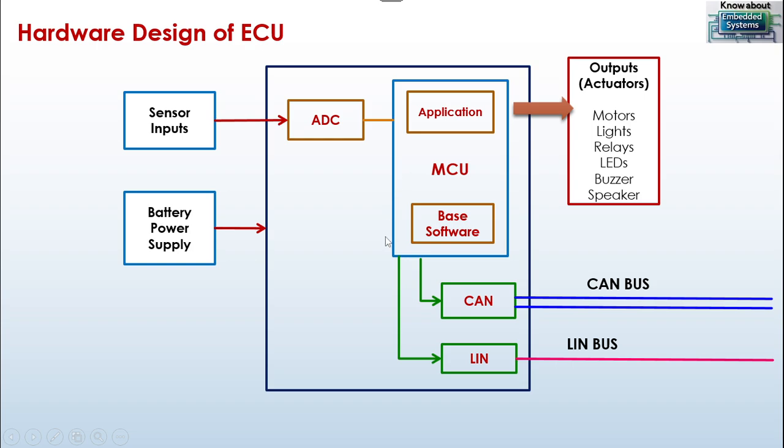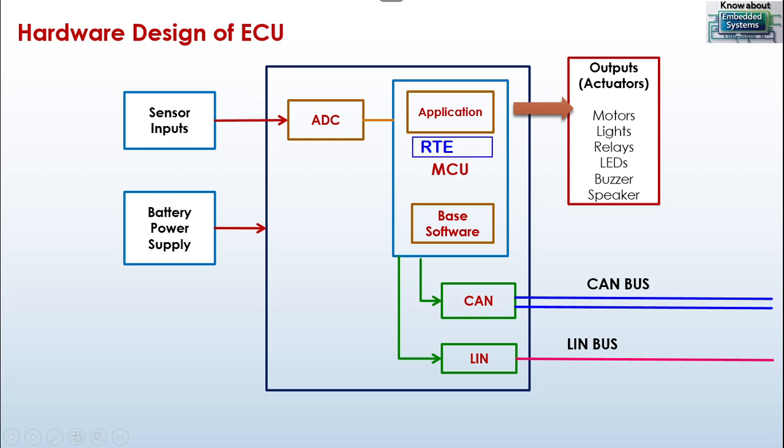In the core microcontroller, we're going to perform the thinking ability, nothing but our programming. There are 3 major types of software we're going to develop for the microcontroller: application level programming, RTE layer programming, and base software programming. I'll explain this later when it comes to our AUTOSAR environment.